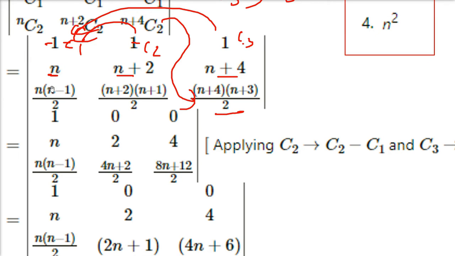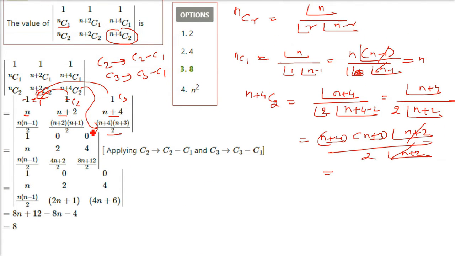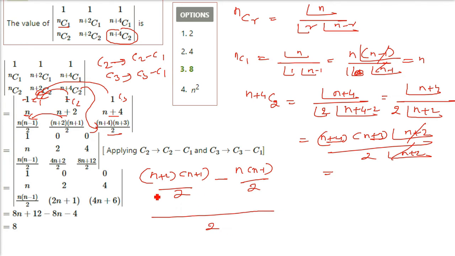Now what do we get when we subtract these two? When we are doing C2 minus C1, we will encounter n plus 2, n plus 1 by 2 minus n minus 1 by 2. So n plus 2, n plus 1 by 2 minus n minus 1 by 2. So you can take 2 here. Now let us do this. n plus 2 into n plus 1, n square plus n plus 2n plus 2, sorry.